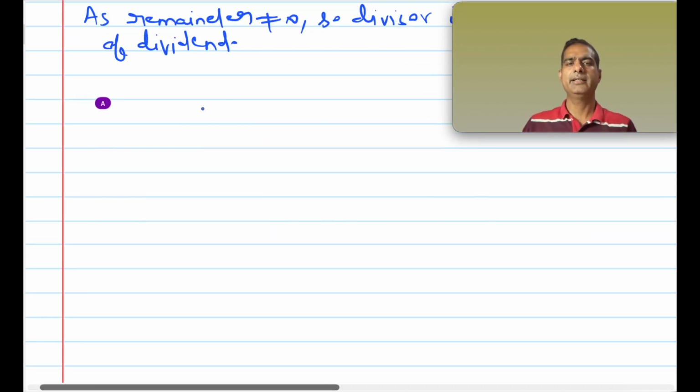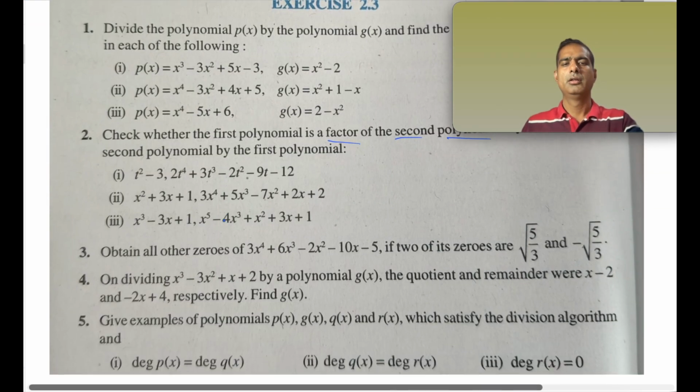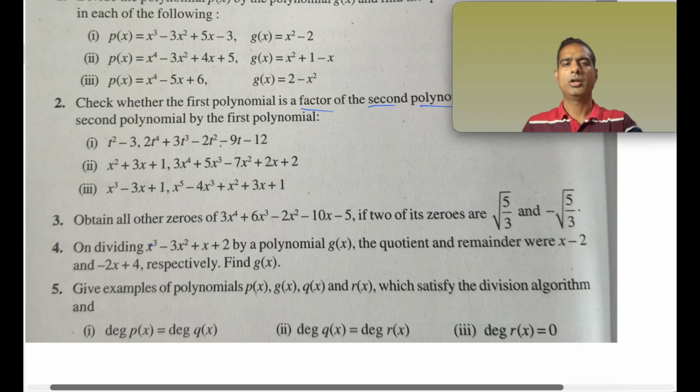Now let us try the next problem. Question number 3. Obtain all the zeros of 3x to the power 4 plus 6x cube minus 2x square minus 10x minus 5 if two of its zeros are root 5 by 3 and minus root 5 by 3. Two of its zeros are given here.